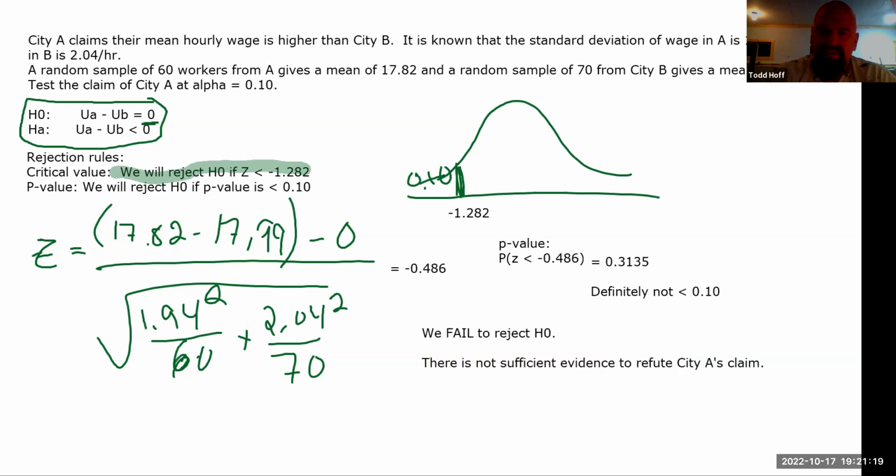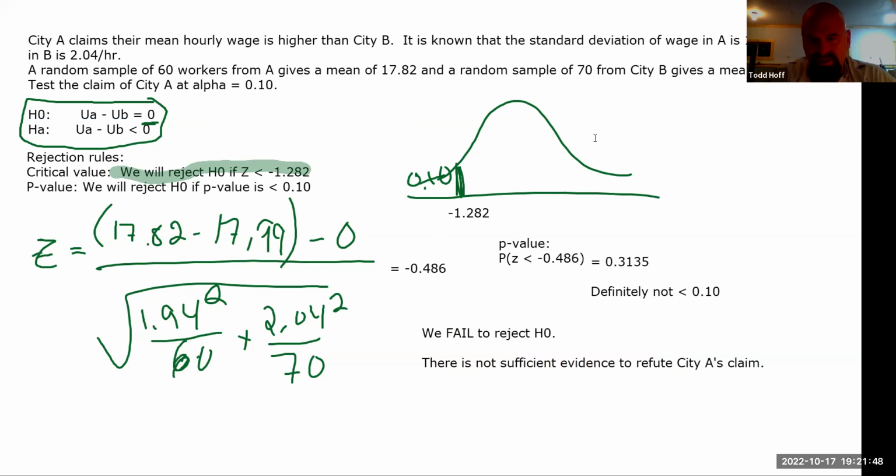What we're saying is the variation in the samples could be enough to explain the result we got. These numbers will always be the same between the calculator and what we did by hand. I was just showing you how to do it by hand so you've seen it, but mostly we're going to do it on the calculator because you can see it saved a lot of steps.